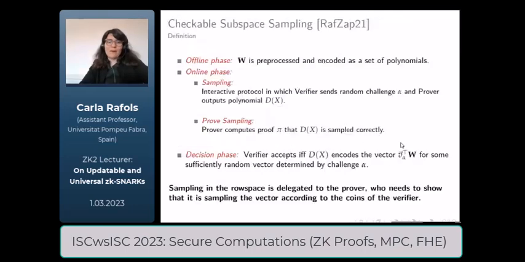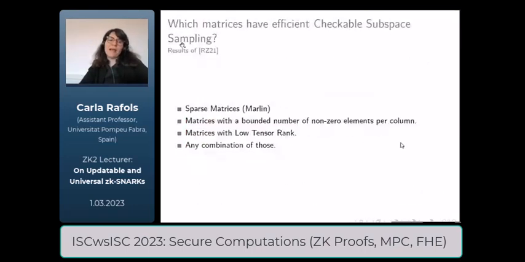But the question here is, when can we build efficient checkable subspace sampling? In our paper with Arantxa Zapico, we were studying this, and it turns out it's not easy to build these checkable subspace samplings for any kind of matrix.